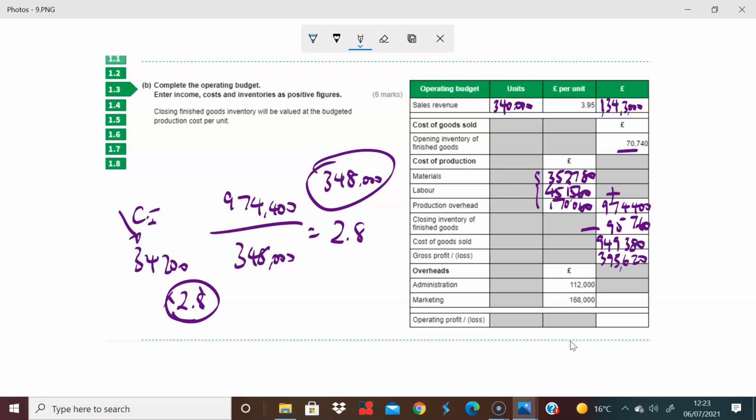And of course, you have these overheads given to you. When you add these together, you have 280,000. Deduct that from the gross profit here, and you have operating profit of 113,620. And that's that one. So let's finish off this question. Let's move on to the next bit.